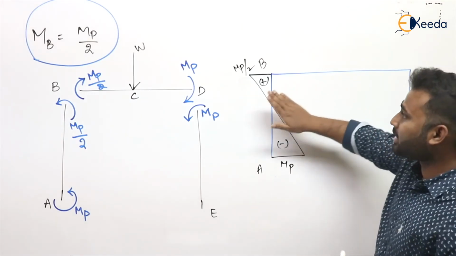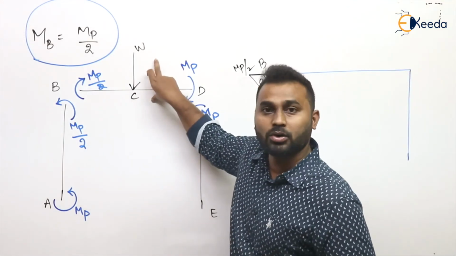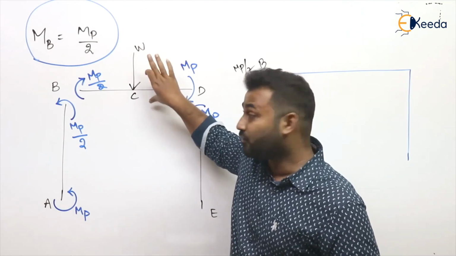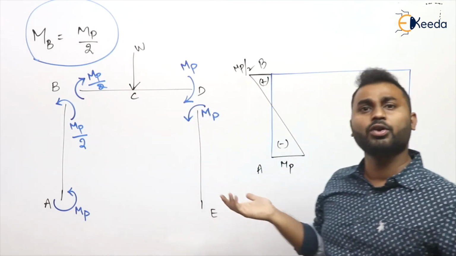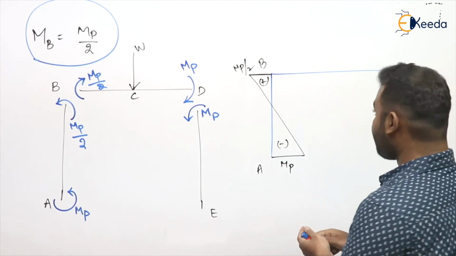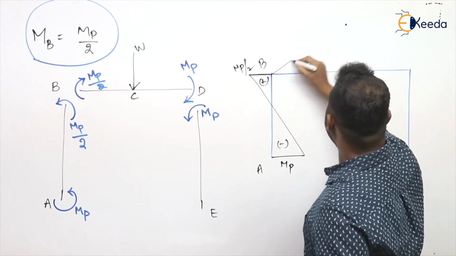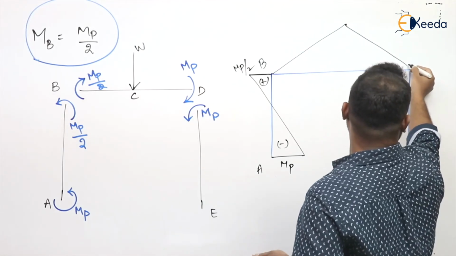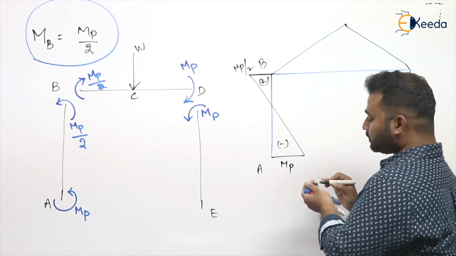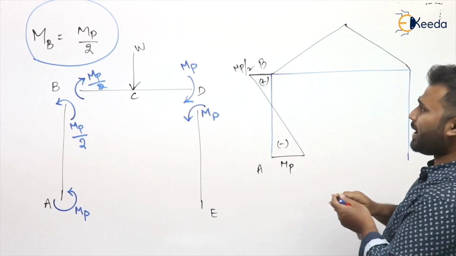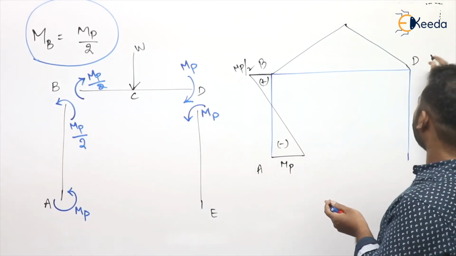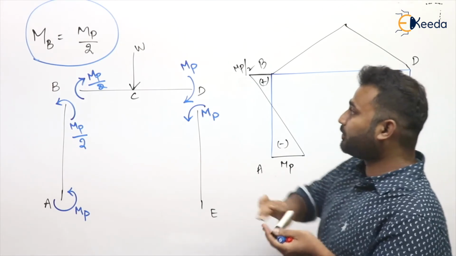Now for the span BD, there acts a point load. So first draw the bending moment diagram for the span because of this point load. We know it is a triangle. This is the bending moment diagram for the span BD because of this point load.